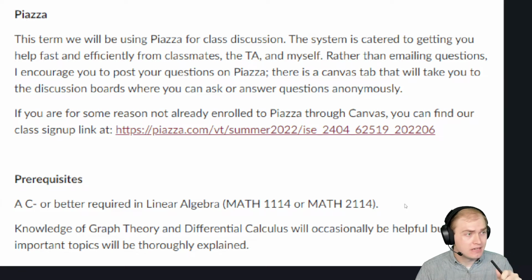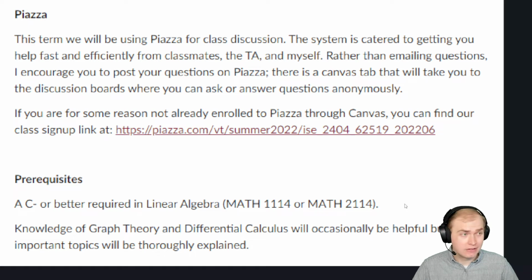The main thing we'll be taking from linear algebra is row reduction and matrix multiplication, and just general use of matrices. The two other fields that we'll be dabbling in are graph theory, which you'll be a little familiar with if you've taken any computer science in the past, and calculus.